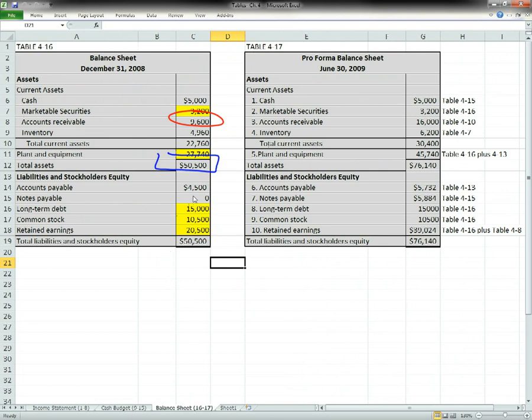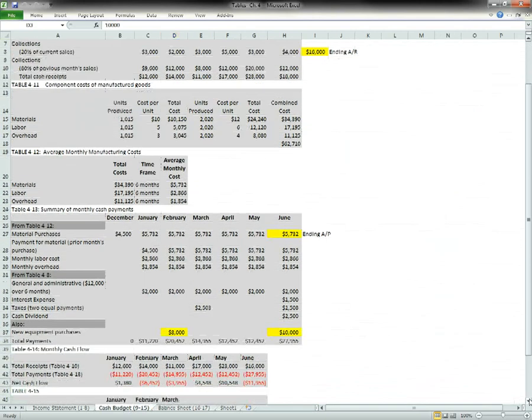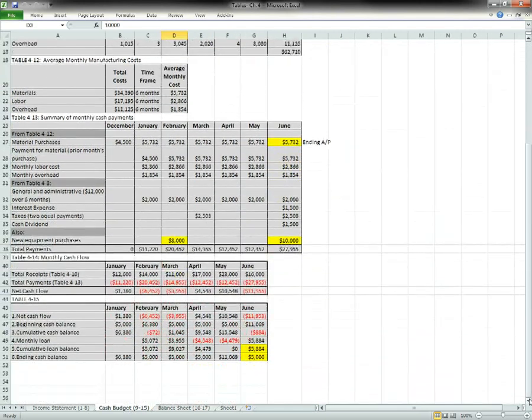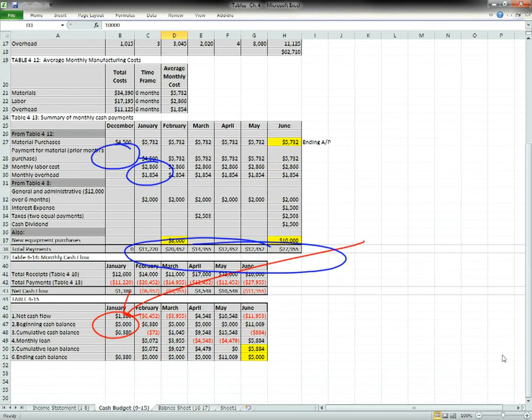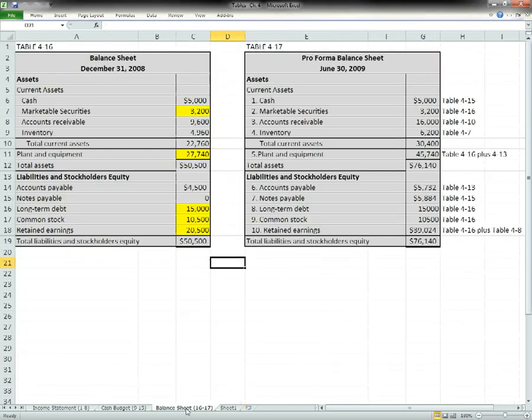We didn't have any notes payable initially, which if we drop down here, perhaps I should take a moment to clean up. Okay, our note payable, initially we didn't have any, although we're going to have some at the end. Go back to the balance sheet.